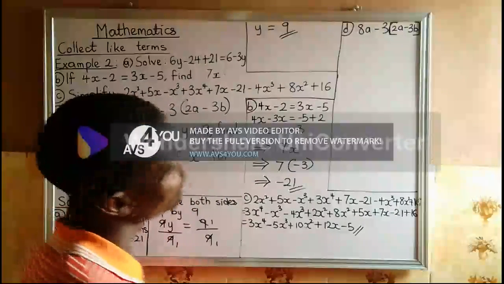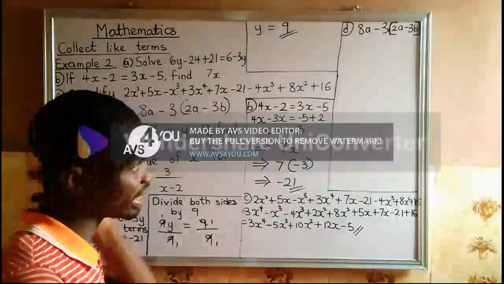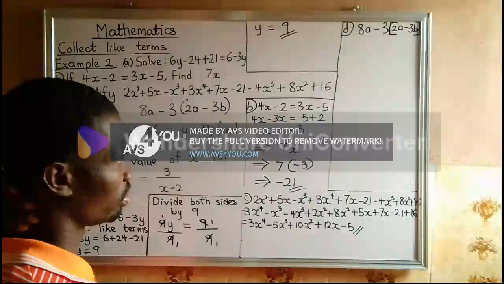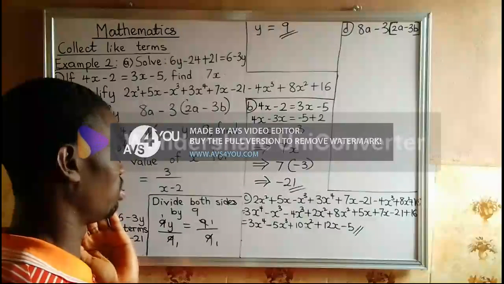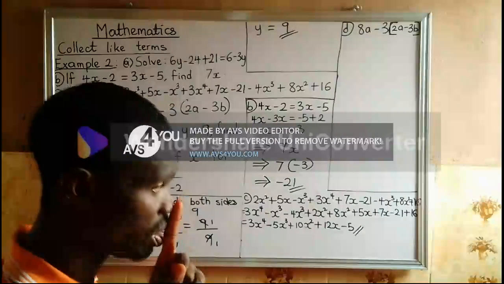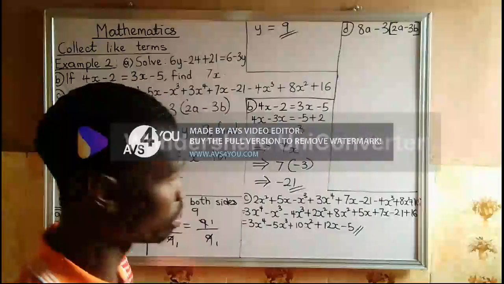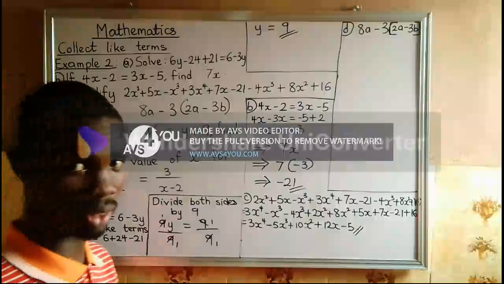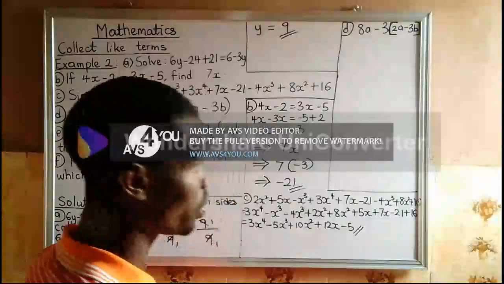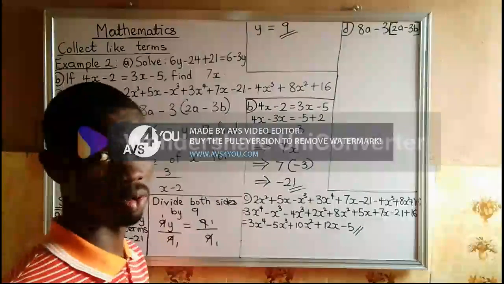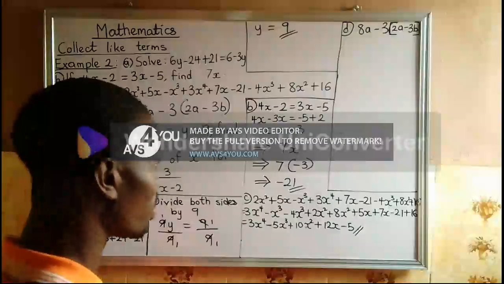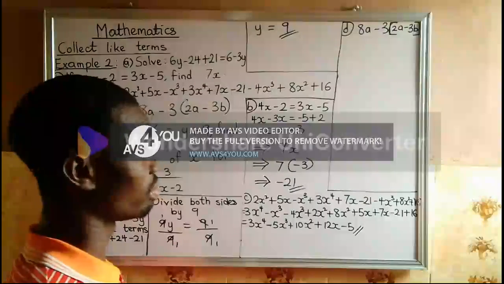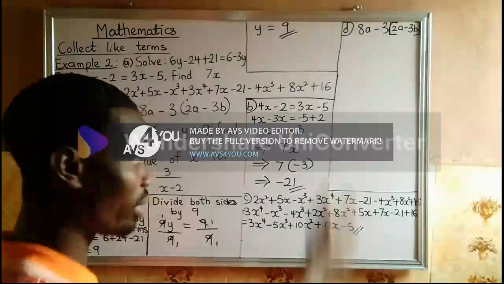Okay, the next is collect like terms. You ask yourself, can I collect like terms here? Of course I can't. Why? One of the rules to apply collecting the like terms is that there must not be brackets, right? But there is bracket here. So you have to deal with the bracket first before you could collect like terms. It's not even an equation. There are no fractions.